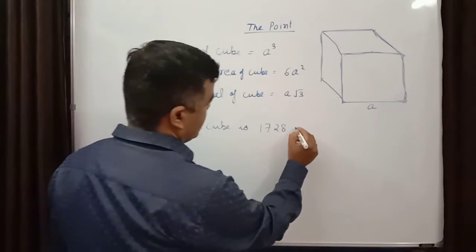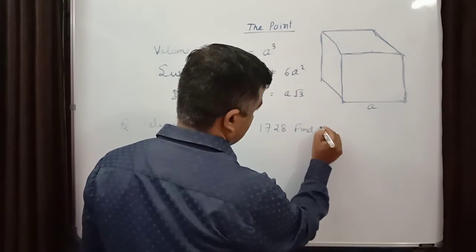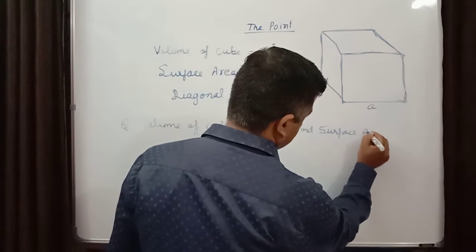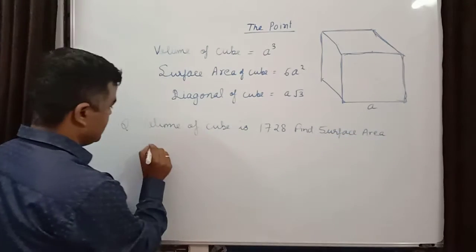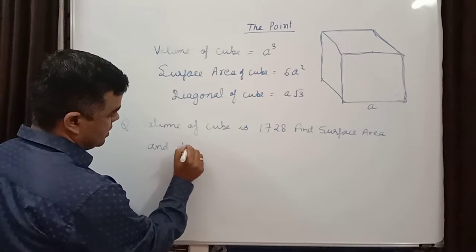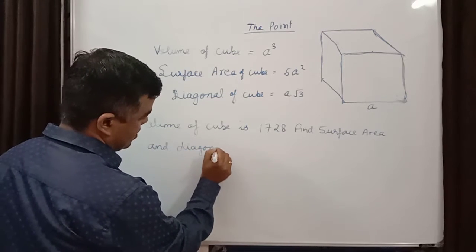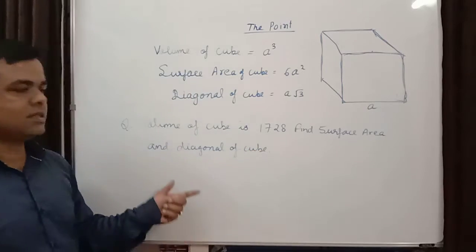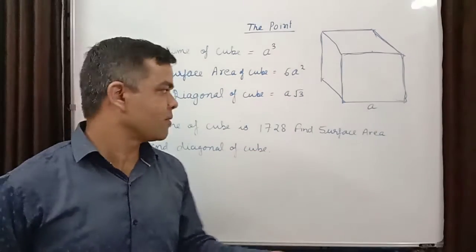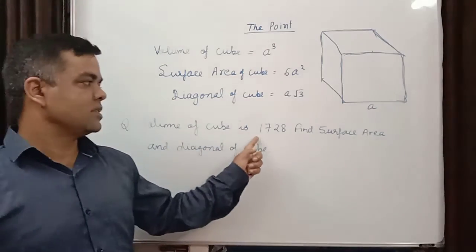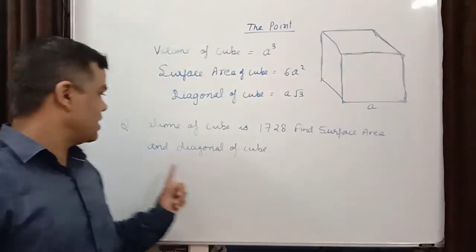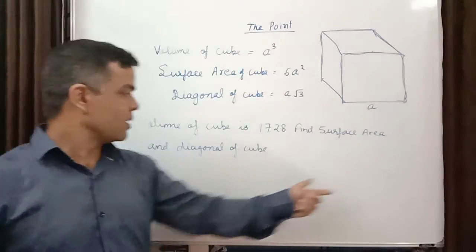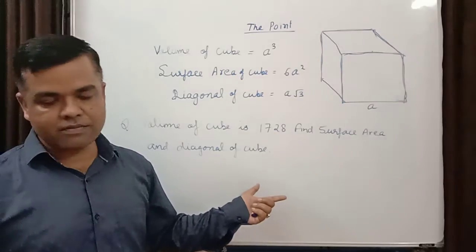Find surface area and diagonal of the cube. This is a simple 1 mark question. Volume of a cube is 1728. Find surface area and diagonal of the cube. Otherwise, find only surface area or find only diagonal of the cube.